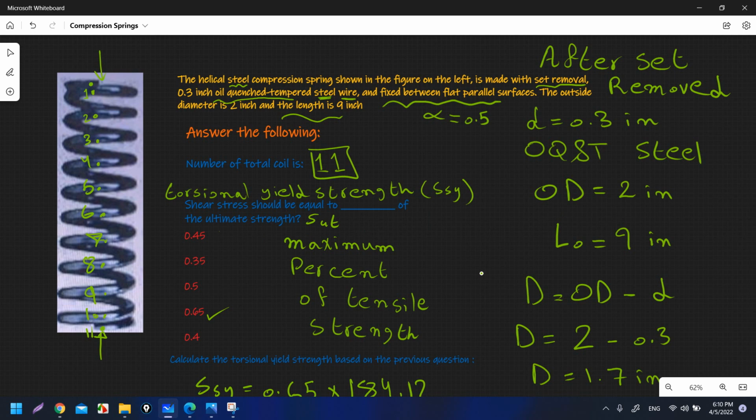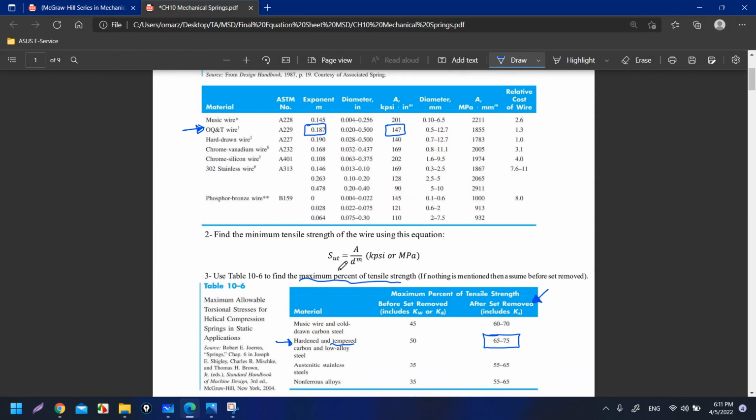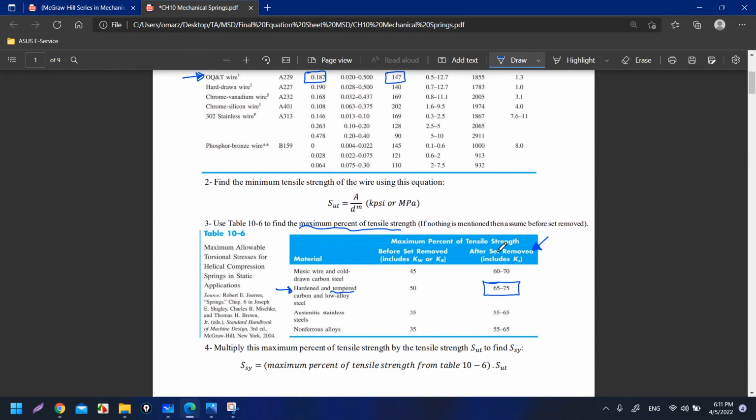What is the percentage of the torsional yield strength from the ultimate strength? So we need to calculate the maximum percent of tensile strength from this table. That is why he gave that it is after set removal. He said with set removal, and also the material is oil quenched and tempered, so I need this one, tempered.